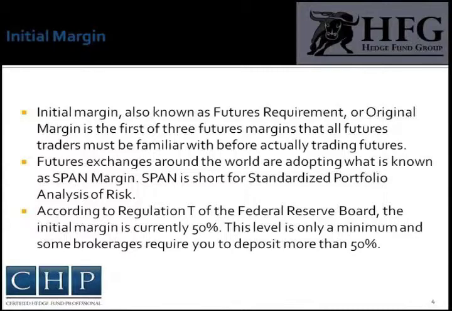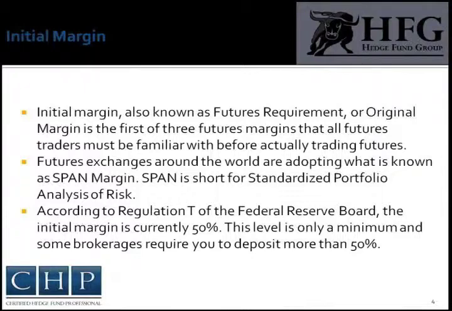Initial margin is actually nothing more than a deposit you give your broker when you open any futures position. The initial margin is paid no matter if you are long or short a position. Generally, initial margin is the minimum required value in an account necessary to open a position in a futures contract.